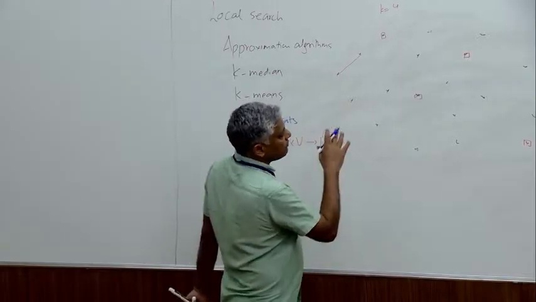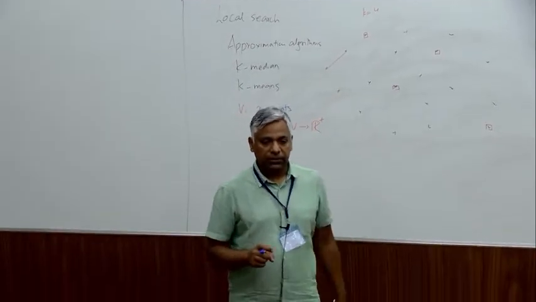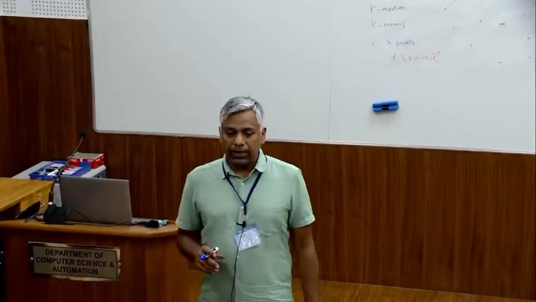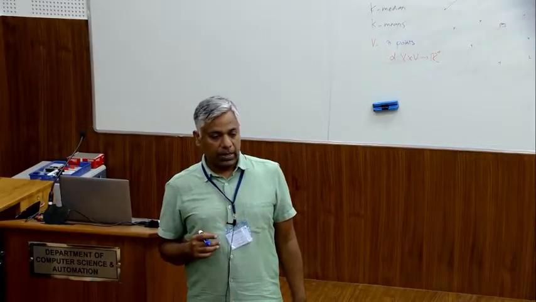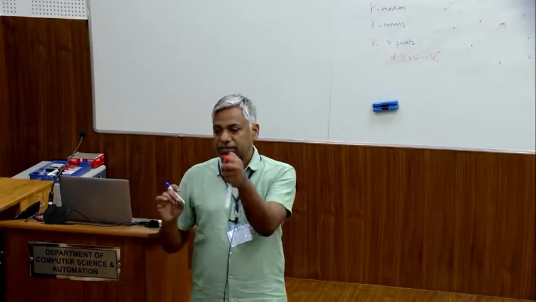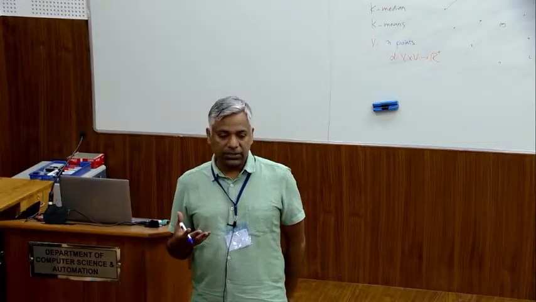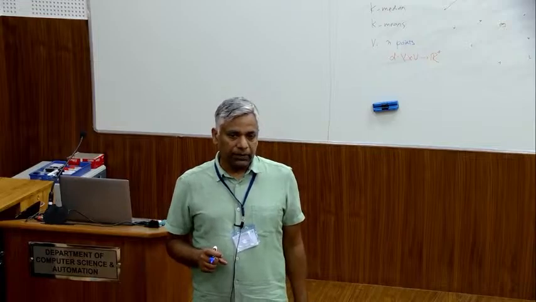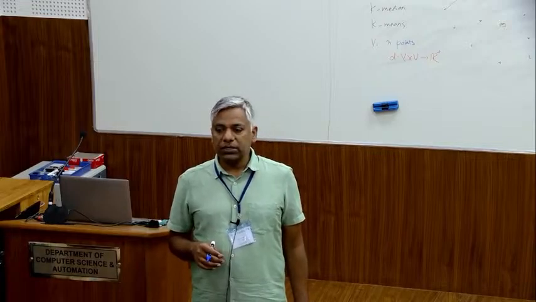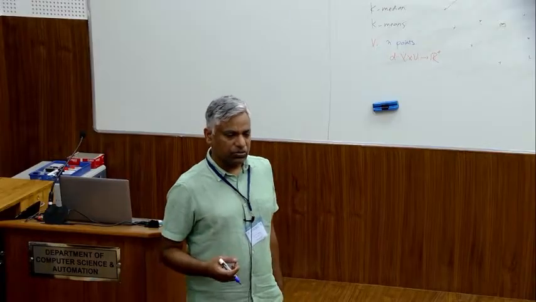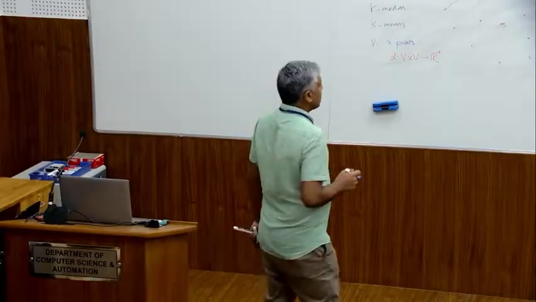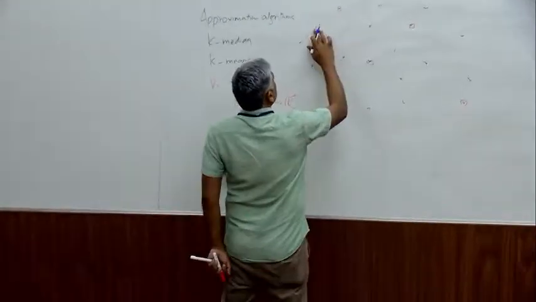So think of these as some facilities you have opened. Maybe you're a bank manager, you have money to open 4 ATMs, right? And these are the locations of your clients. And now you want to open your ATMs in such a manner that your clients are served, that for every client there is an ATM close by, right? And the metric you're going to work with is the total distance your clients have to travel to get to the nearest ATM, right? There is no reason why someone will go to an ATM which is further away than the closest one, right? So each one of them is traveling to the closest ATM.